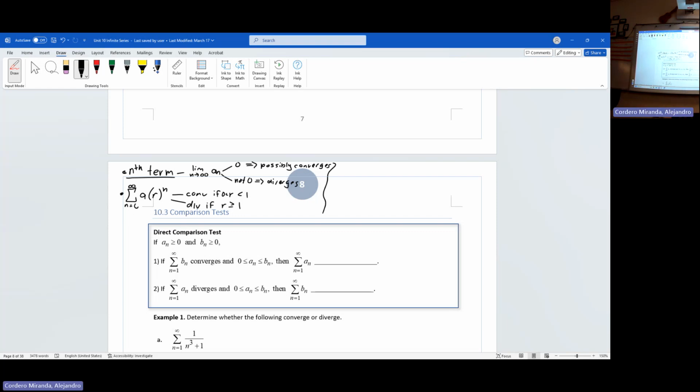Then that was 10.1. 10.2 was the integral test, which, remember, just says if the sum converges, then the integral converges, and vice versa. If the integral converges, the sum converges.